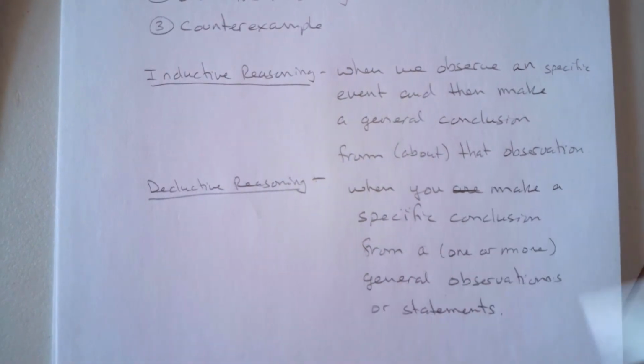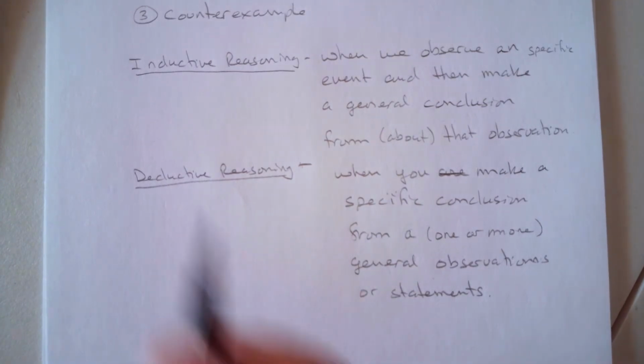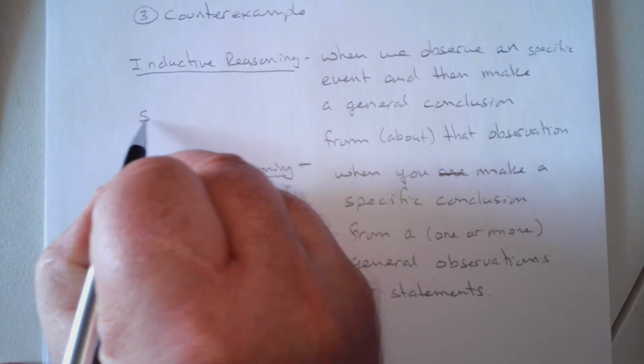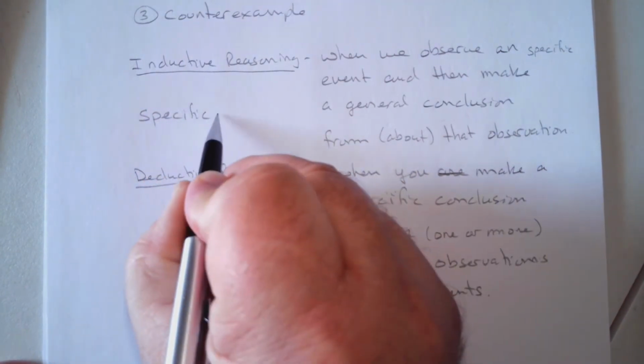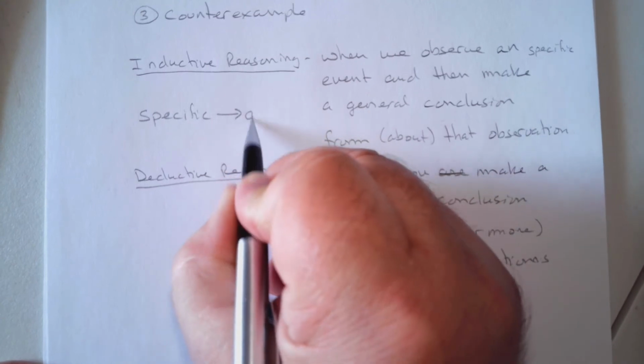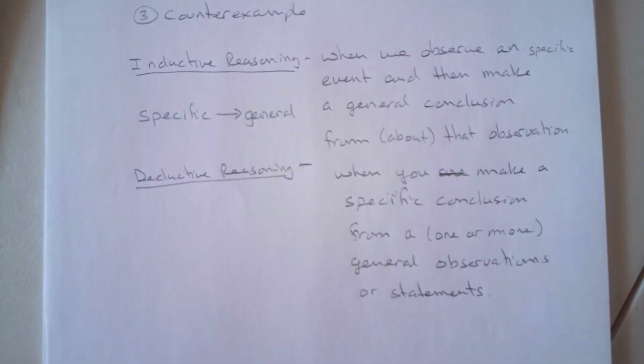Inductive reasoning is what we use in the sciences: engineering, mathematics, physics, chemistry, biology. It's when we observe a specific event, we go from specific and we make a general conclusion. Go from specific to general.